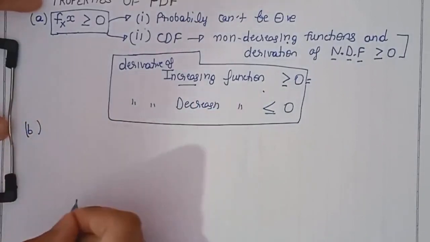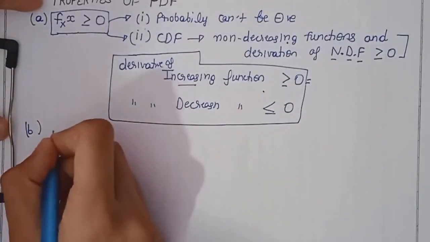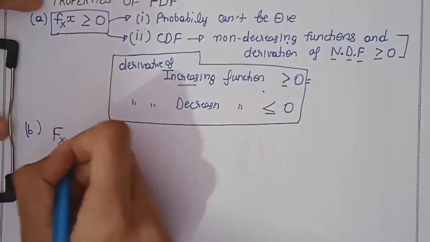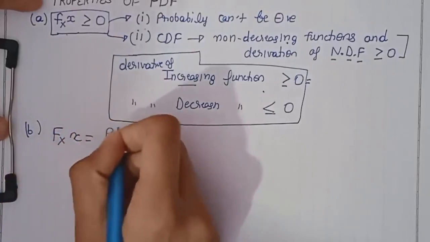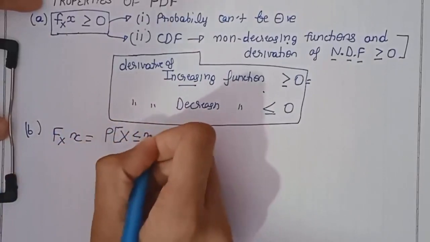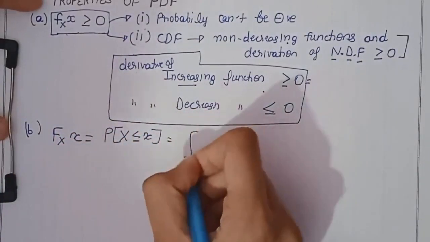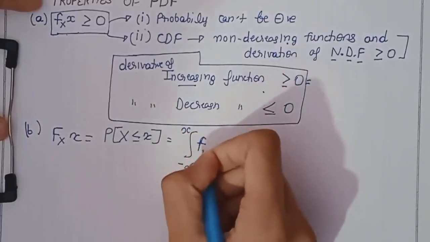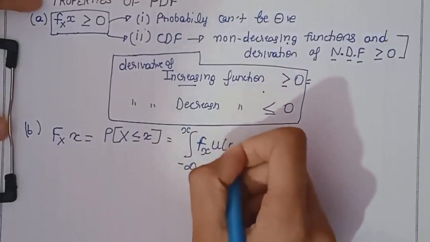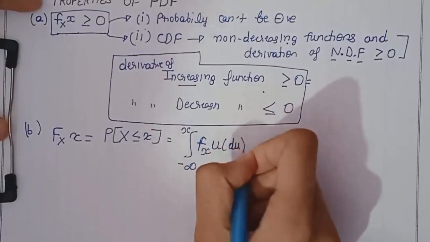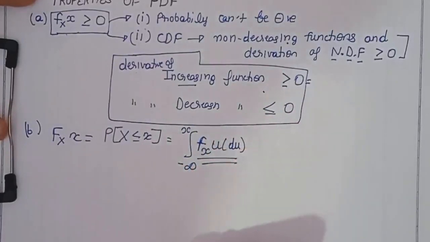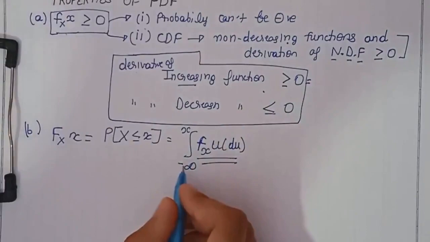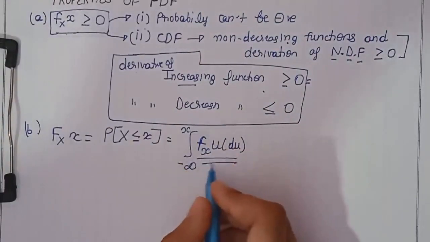Now the second property of PDF is that the CDF value at any point x is equal to the integration from minus infinity to x of the PDF value.